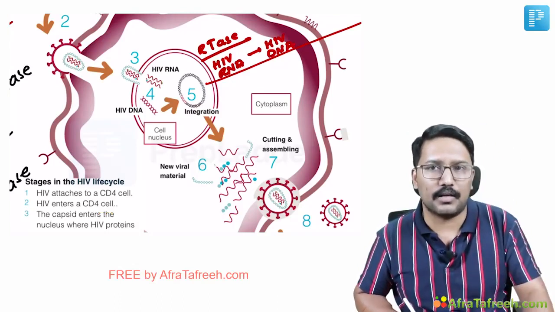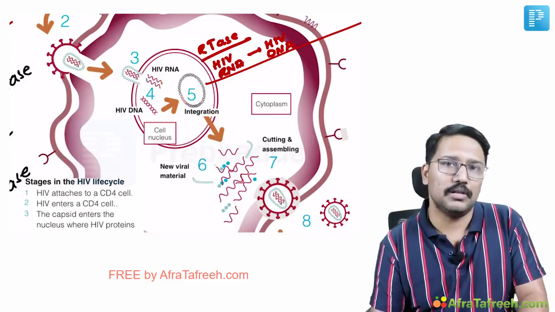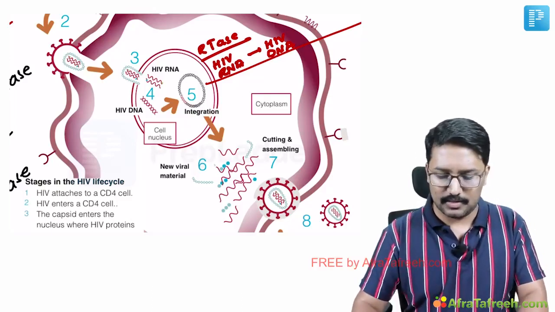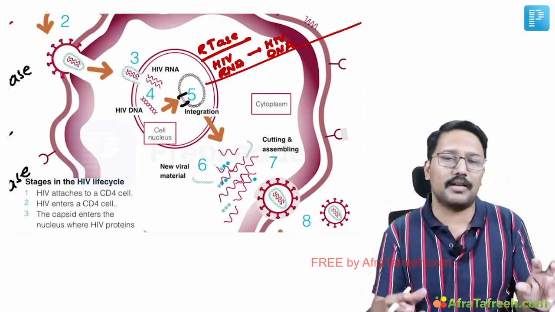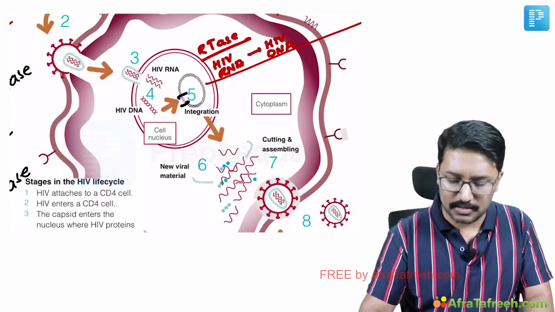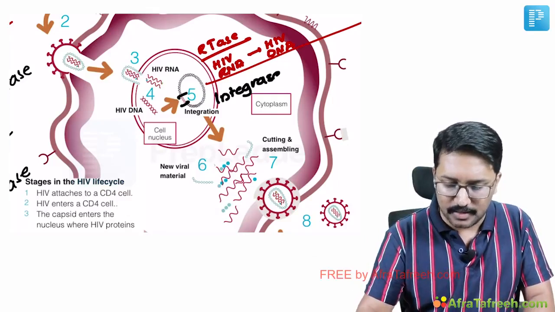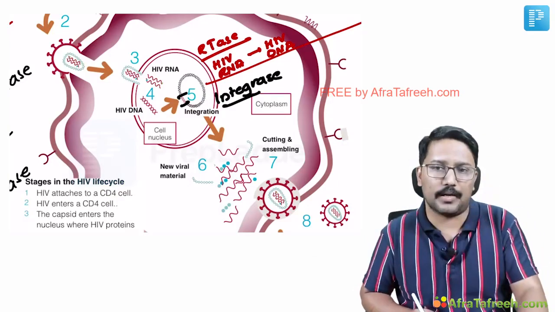Once it is converted to DNA, this DNA has to go and get integrated into the host DNA, the host genome. So that is the CD4 cell DNA. This integration, the HIV DNA getting integrated with the host DNA, is facilitated by an enzyme called integrase, right? Integrase facilitates this integration of HIV DNA into the host cell DNA.